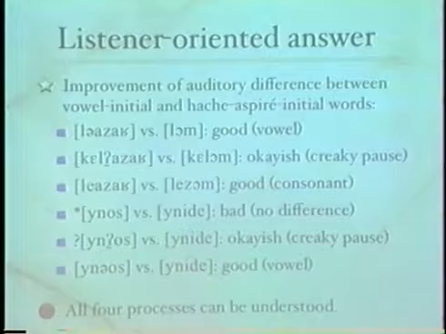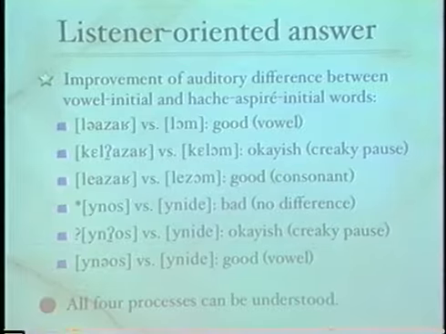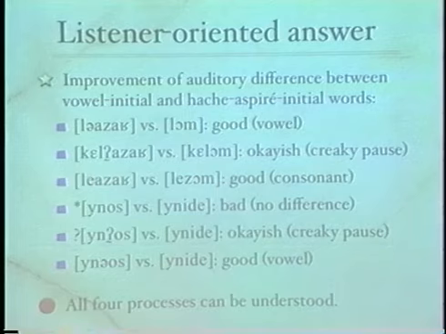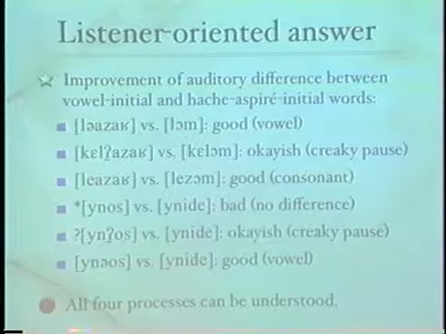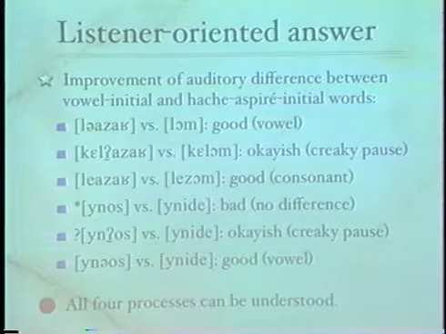Now, okay, moving on. Now we'll give the listener-oriented answer. So first I'll tell you what's going on, and then formalize it. So the answer is, well, you want to maintain an auditory difference between vowel-initial and aspiré-initial words.